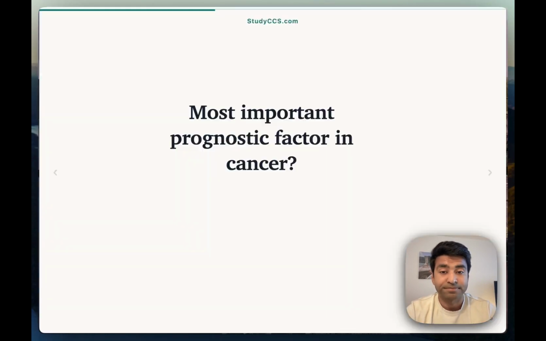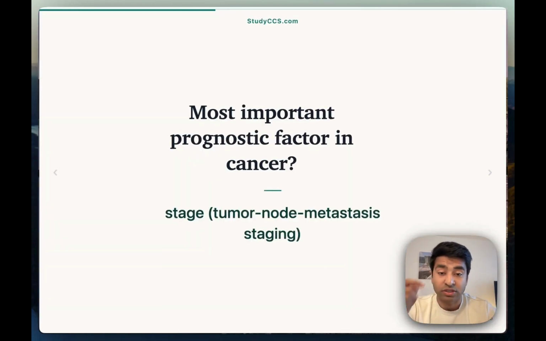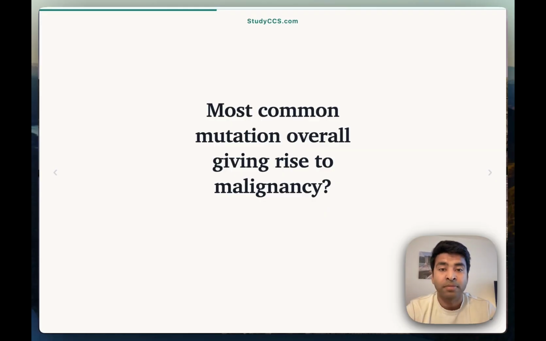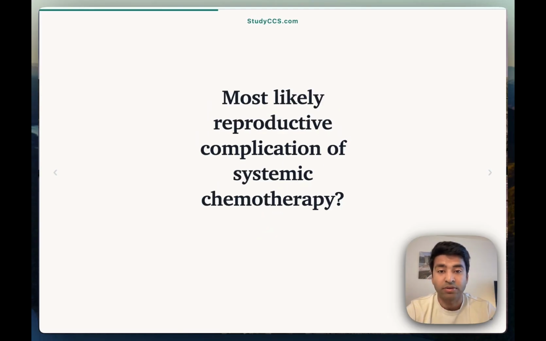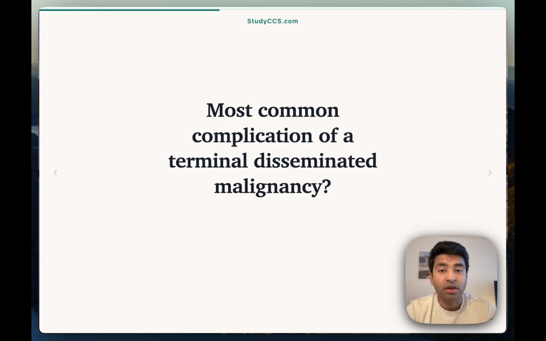HemOnc. Most important prognostic factor in cancer is staging. So, tumor, node, mets will determine staging. Most common mutation overall giving rise to malignancy: p53. Most likely reproductive complication of systemic chemotherapy: hypogonadism.